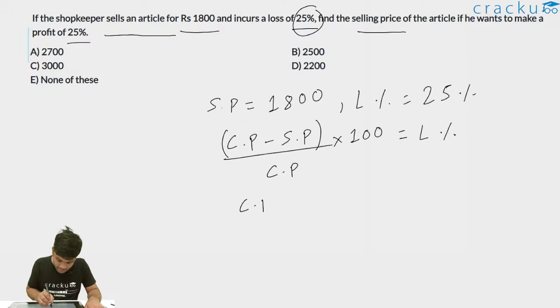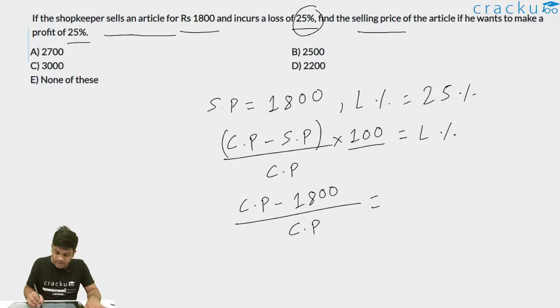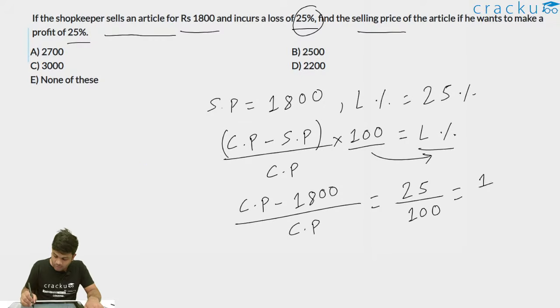So here it is 1800 divided by cost price, and we will take this 100 to the right hand side. On the left hand side it is in multiplication, so on the right hand side it will become division, and loss percent we know is 25%, so it will be 25 by 100. 25 by 100 will cancel out and we will get 1 by 4.